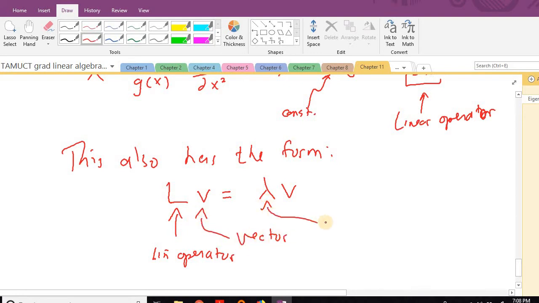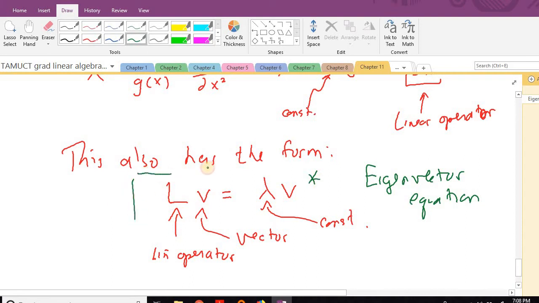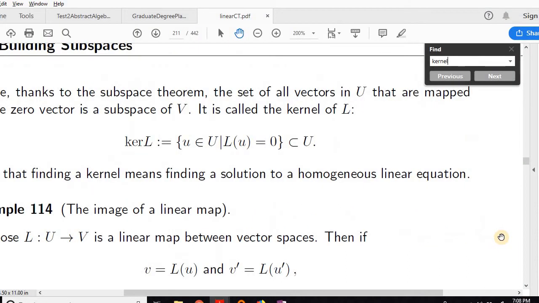And then this is a constant. So this thing is called the Eigenvector Equation. And this lambda is called the eigenvalue. And that takes us up to this place in the text.